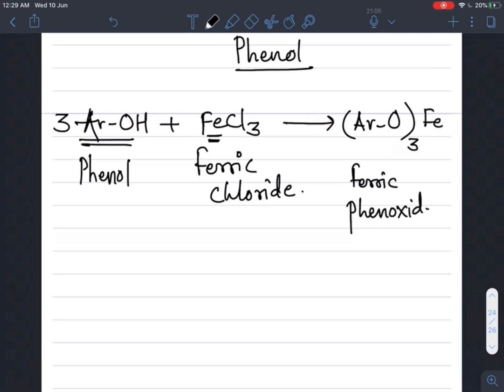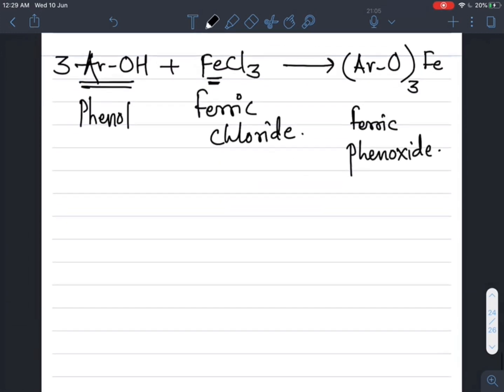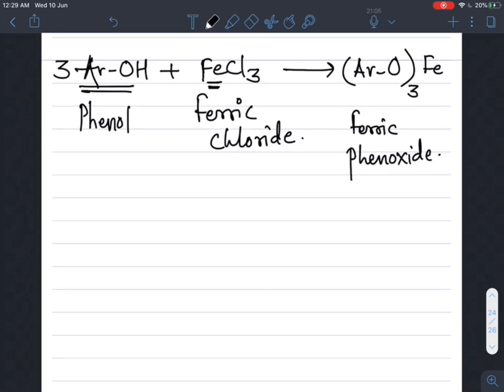This is the colored complex that is formed, and either a violet color is formed, or purple color is there, or sometimes green color is also there. So green, violet or purple color complex depends on the presence of monohydric, dihydric or trihydric phenol.